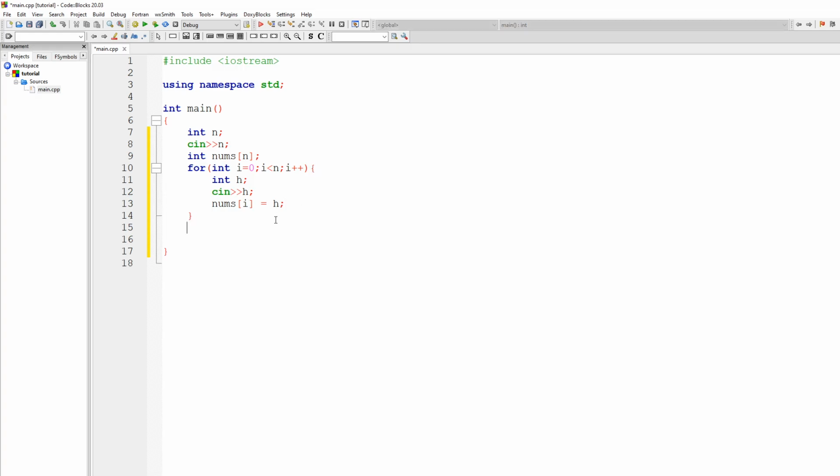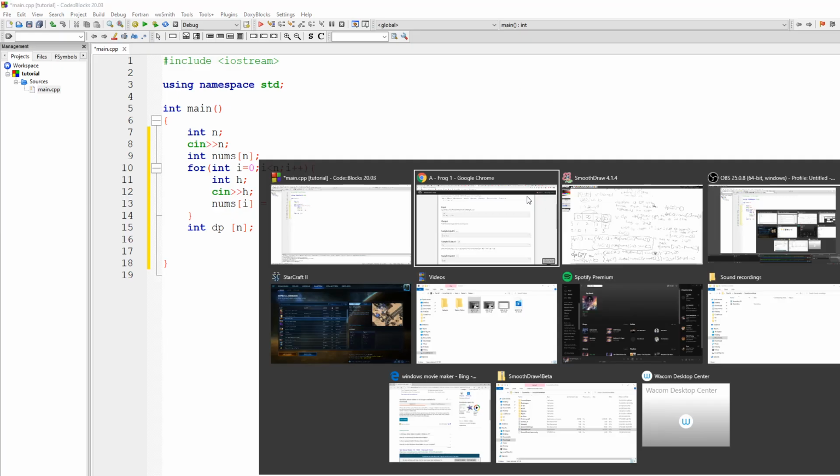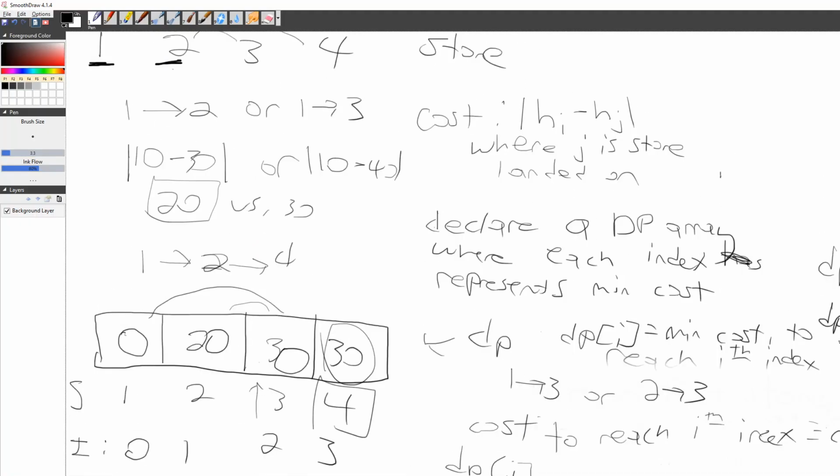Cool. And then, like I said, we want to declare a new dp array too, also of size n. dp of 0 equals 0 and dp of 1 equals nums sub 1 minus nums sub 0. I'm going to reiterate this: dp of 0 is 0 because to reach the 0th index, or the first stone, there's no cost. You just start there.